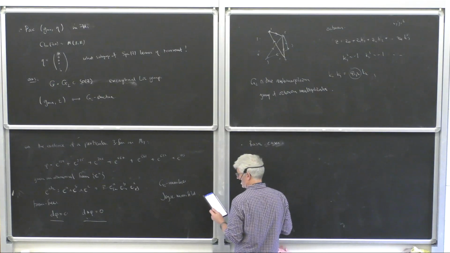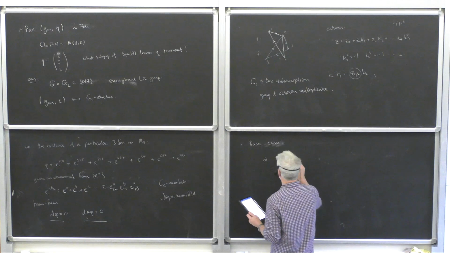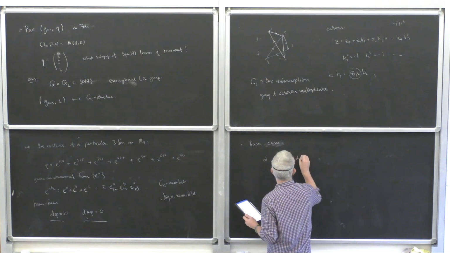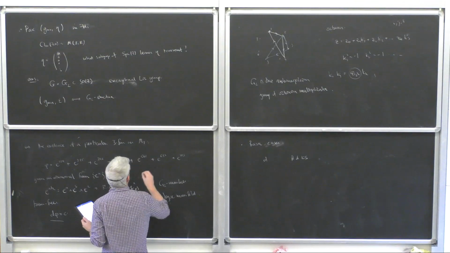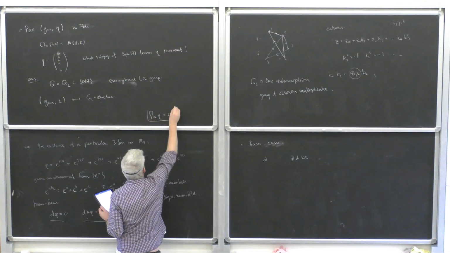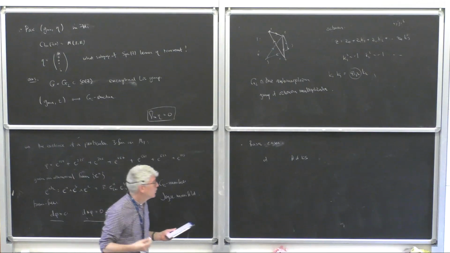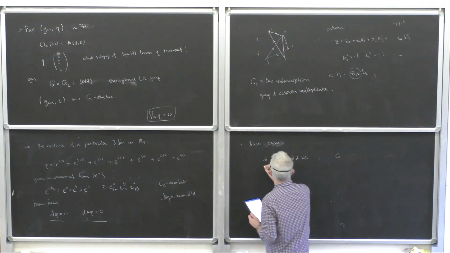So let's do the dimension D. Let's have the number of Killing spinors. So that's the number of solutions to the equation. That could have more than one solution. And then I'll tell you what the structure group is.